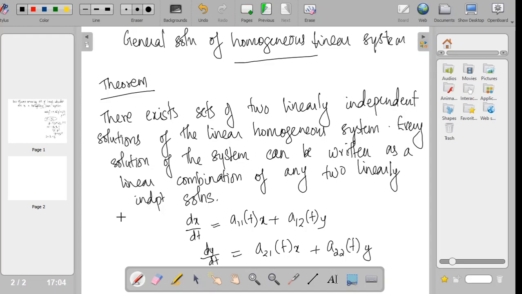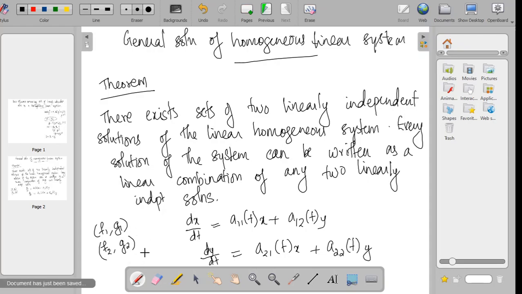So there will be two sets of solutions, the pair f1, g1 and the pair f2, g2. For any linear system there will always exist two linearly independent solutions, and every solution of the system will be a linear combination of any two independent solutions.